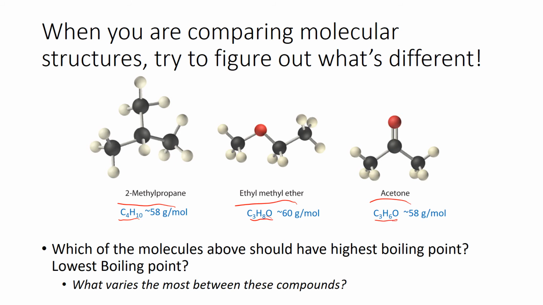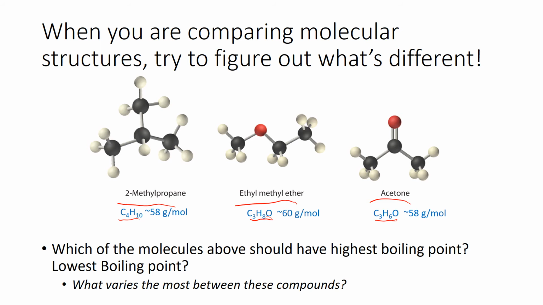And you can see that between methylpropane, ethyl methyl ether, and acetone, the molecular mass does not change all that much. It's between 58 to 60 grams per mole. These are also all relatively small molecules. We have a slightly longer chain with ethyl methyl ether, but that's about it. It's slightly longer. These factors of molecular size and molecular shape really don't change that much.